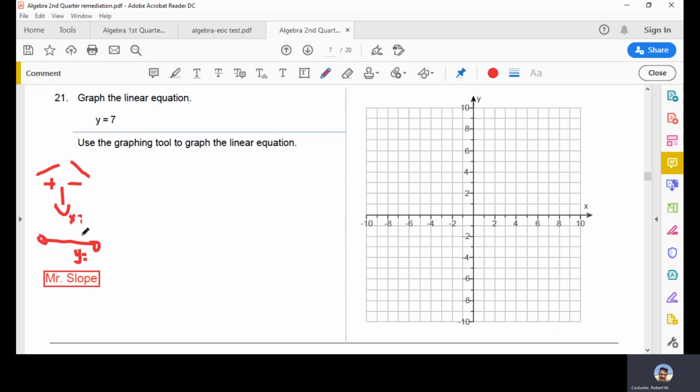So anytime you have an equation that just says x equals a number, it's a vertical line that crosses the x-axis at whatever that number is. What about his mouth? His mouth is another special thing on here. We didn't put it there to make it anatomically correct. It has a meaning.